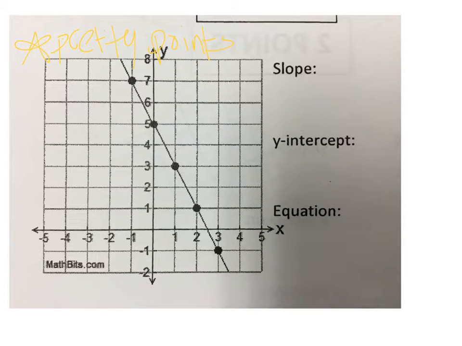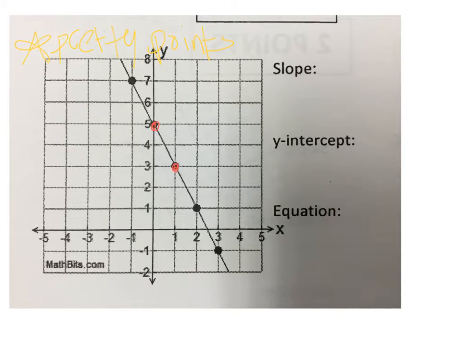Well, a pretty point is a point on the graph that you can see where it lines up perfectly, all right, as a point on the graph on both lines. So it intersects both lines, and you can see where it matches perfectly. In this graph, what's nice though is that there are two pretty points right here. In fact, all five of them are pretty points, but we're going to use these two to help us find the slope.